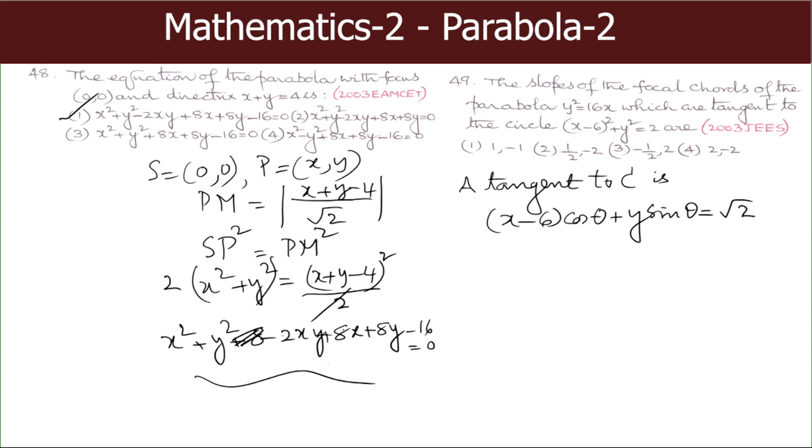Now, this is a focal chord for the parabola provided that it passes through the focus. Focus is 4, 0. So, this happens to be a focal chord for the parabola if and only if this line passes through 4, 0, which means minus 2 cos theta is equal to root 2, or cos theta equal to minus 1 by root 2.